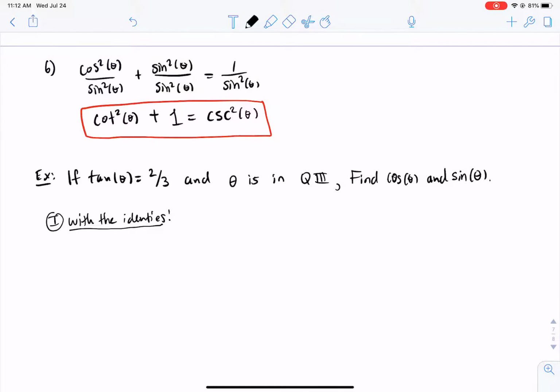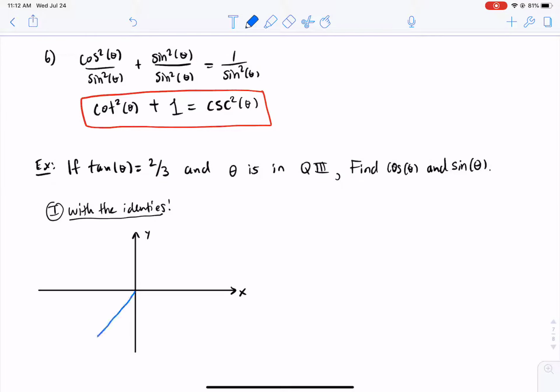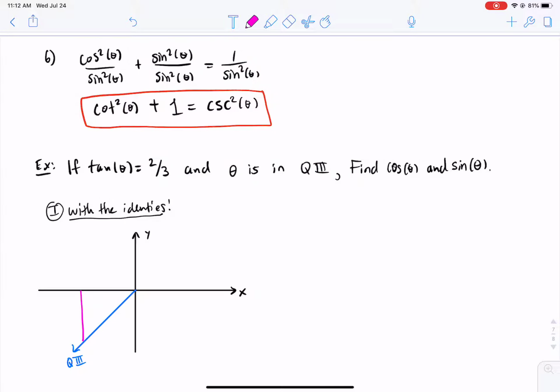So we're going to try to see if we can draw a right triangle, but the right triangle will be in quadrant 3. And from there we're going to see if this makes sense or not. So here's x, here's y, and here's quadrant 3. And what we're going to do is draw a little triangle there.